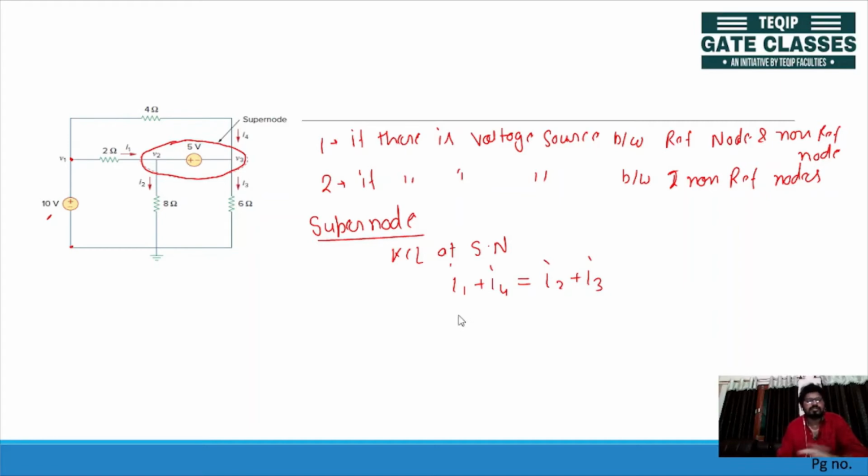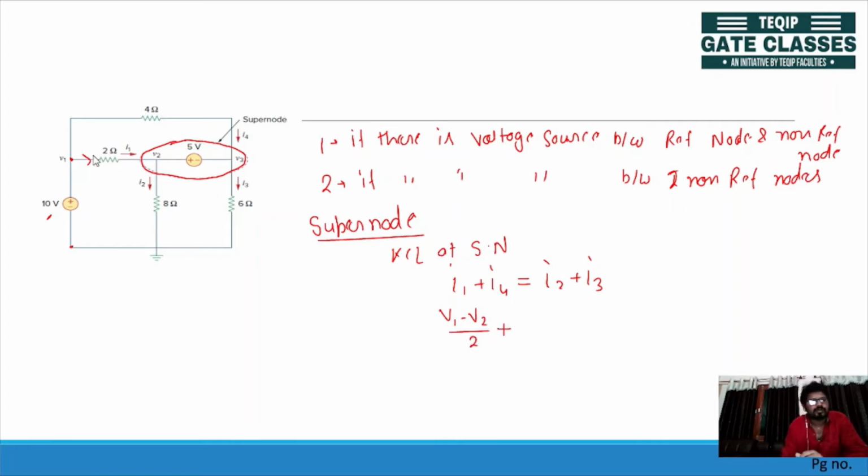Now change this equation into the form of node voltages. So what will you write in place of I1? I1 is the current in this branch, that is V1 minus V2 by 2, plus I4.